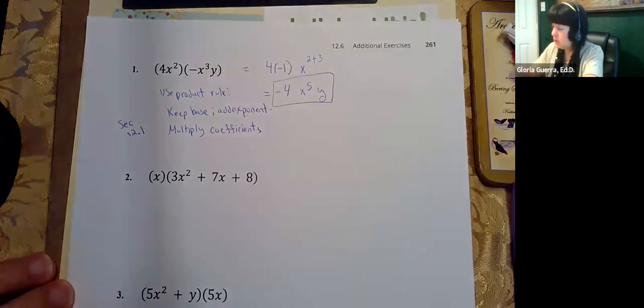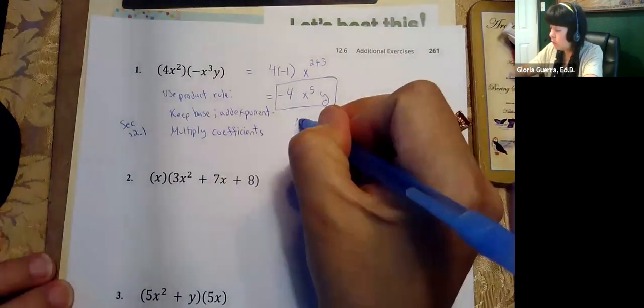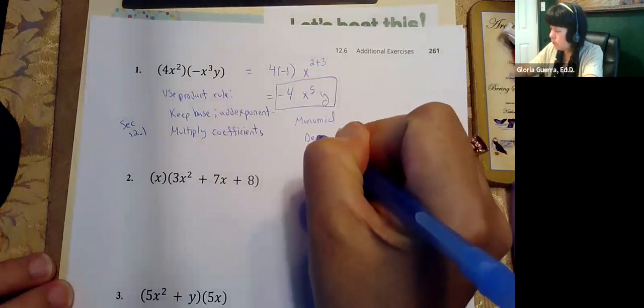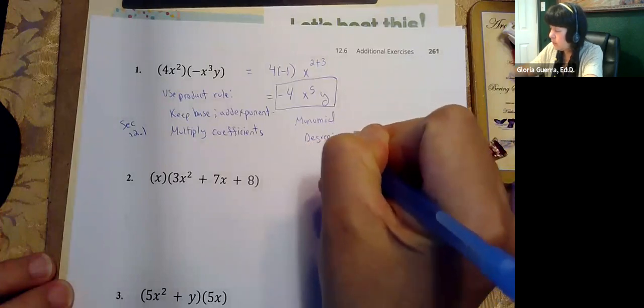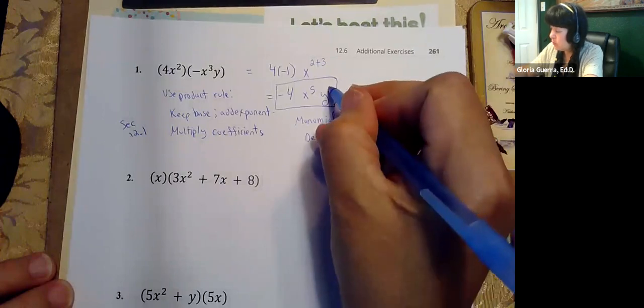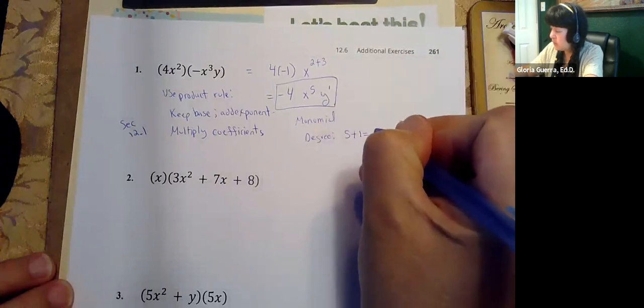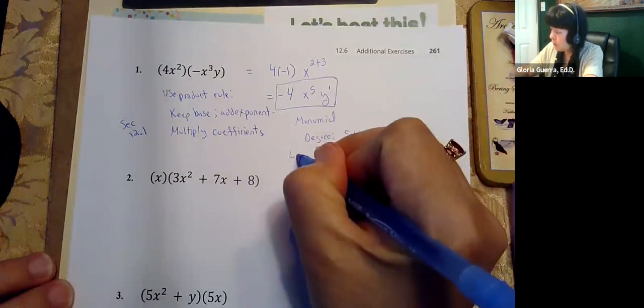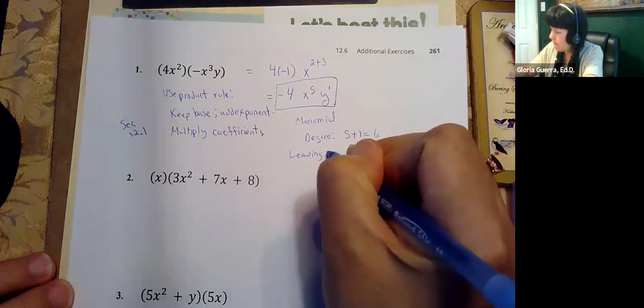So this is a monomial, and the degree is 6, because you're adding this 5 and this 1, which gives you 6. And the leading coefficient would be -4.